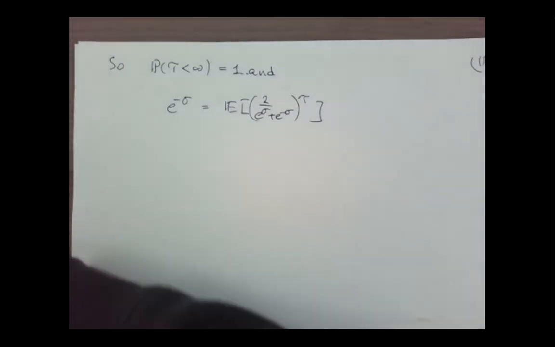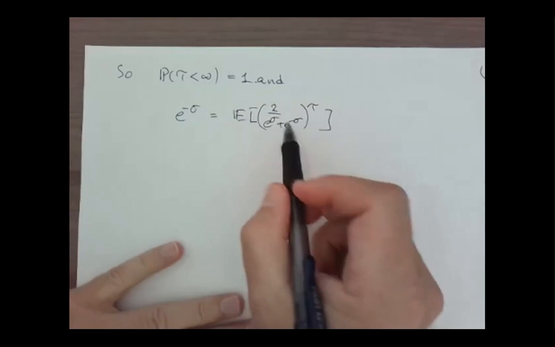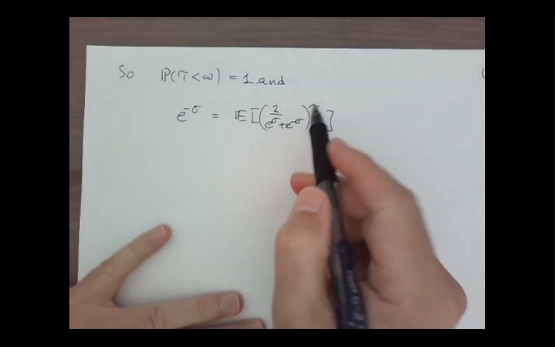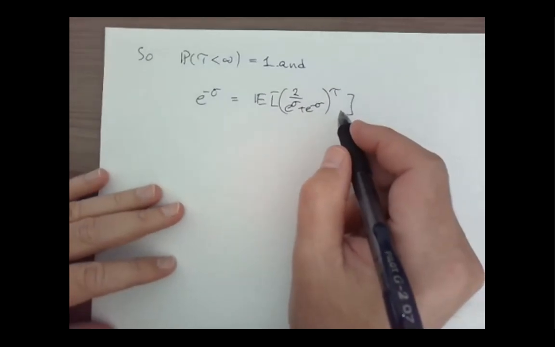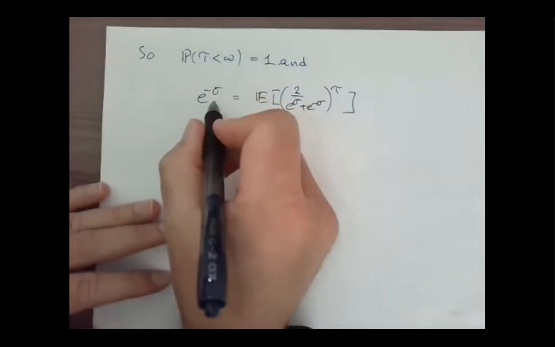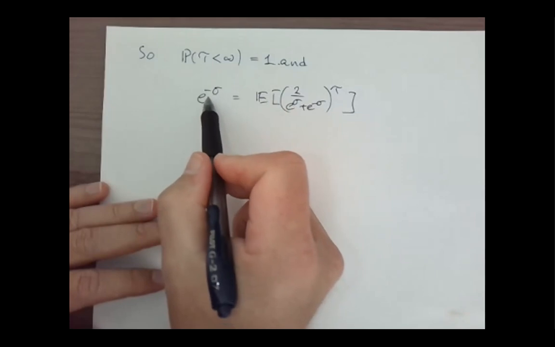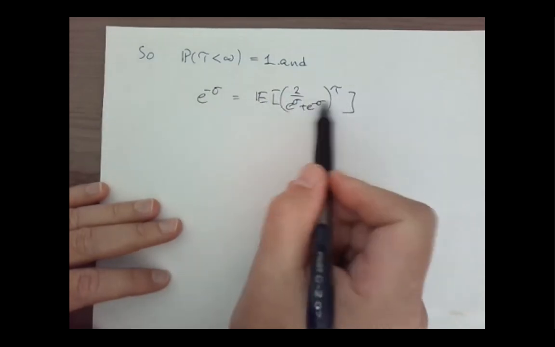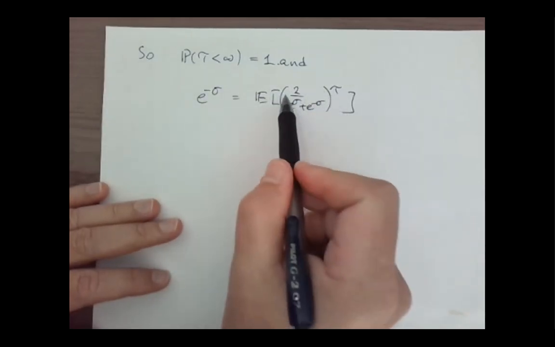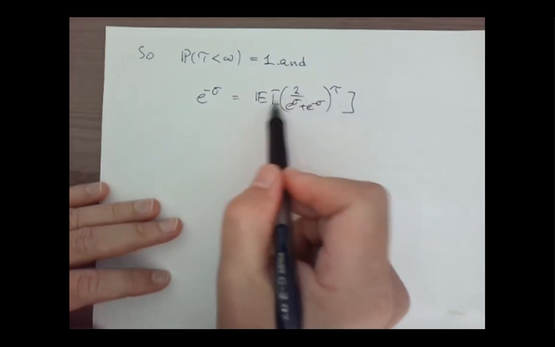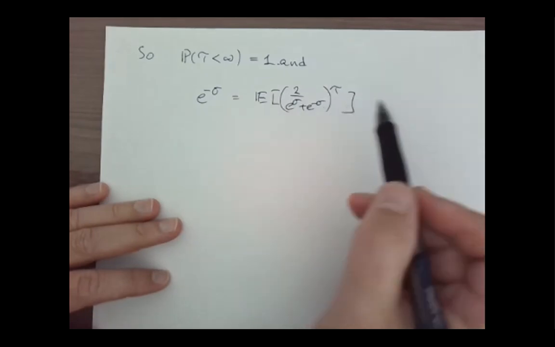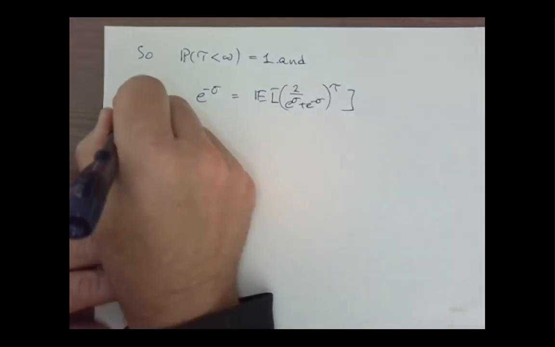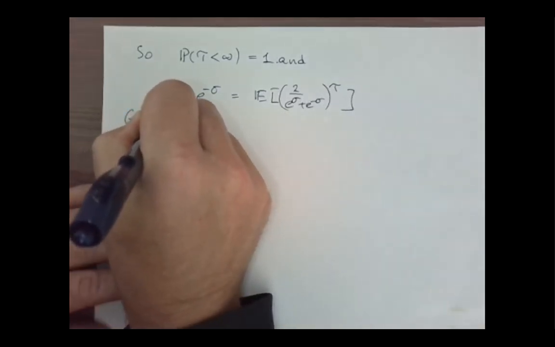What you see in here looks a lot like one of these characteristic functions we have. The left-hand side, there's nothing random about it, just this e^(-sigma). And the right-hand side looks a lot like the generating function for a random variable that takes values 0, 1, 2, 3, and so on. This is called the generating function.